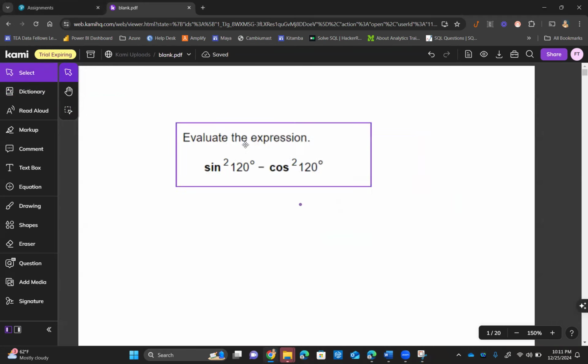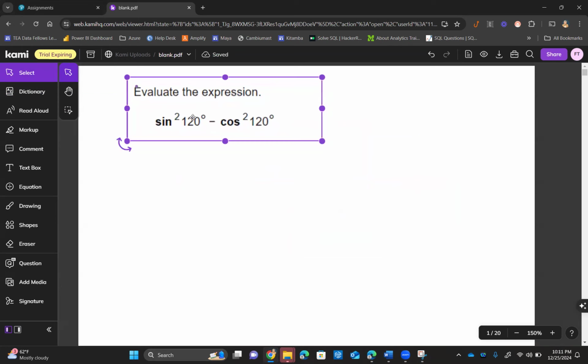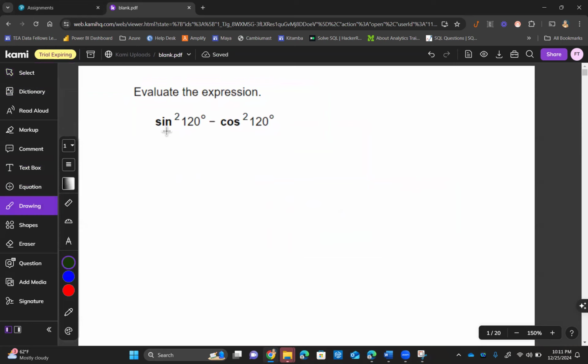Okay, so now, first thing I'm going to find is sine of 120. Sine of 120, its reference angle is 60 degrees. So I'm going to think about sine of 60, and sine of 60 is something I should be memorizing already, and sine of 60 is √3/2. But 120 is in the second quadrant, so the sine value is still positive, and then we're going to just square this.